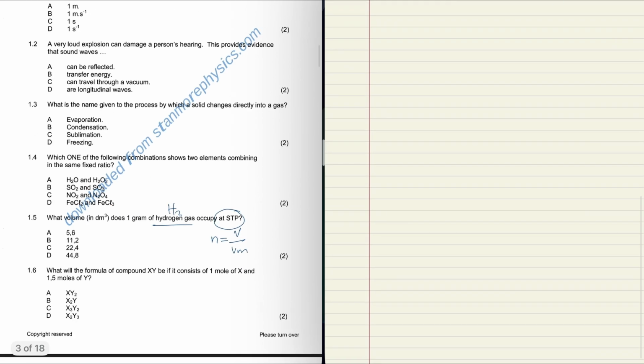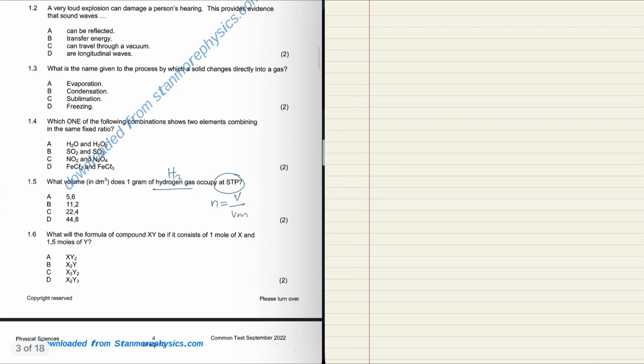Now let's take a look at 1.6. What will be the formula of compound XY if it consists of 1 mole of X and 1.5 moles of Y? So for 1.6, you have X to Y, you have 1 to 1.5.